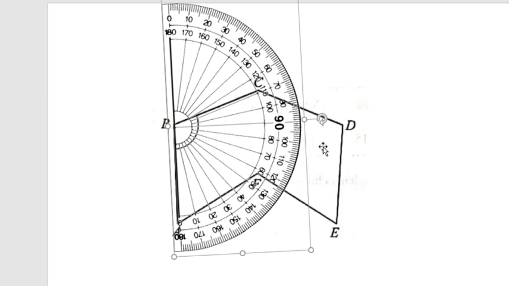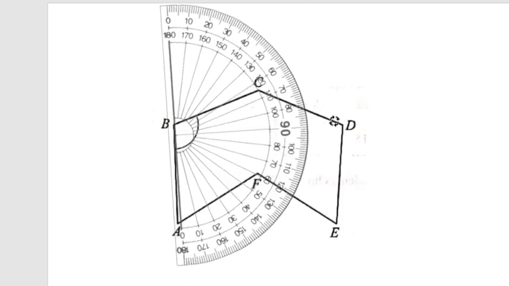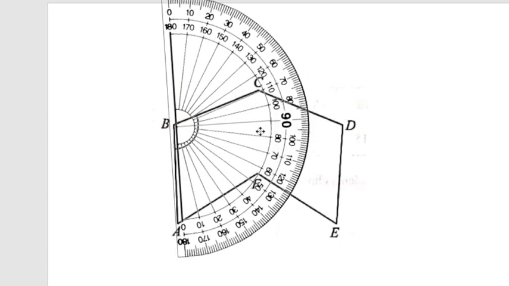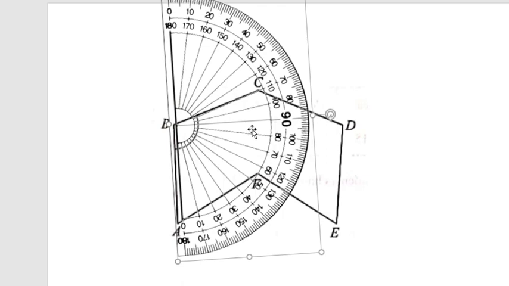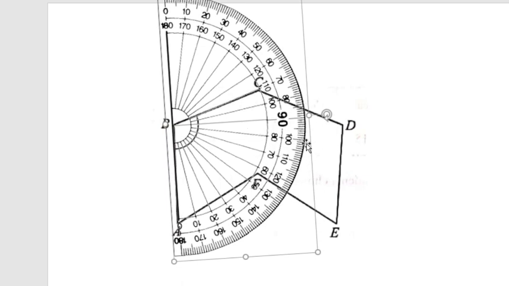Make it bigger a bit. Place it at the center. Yep, nice. Okay, if you can see here, your protractor has 2 scales.